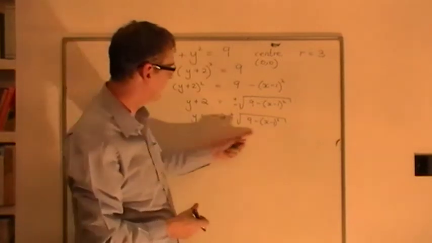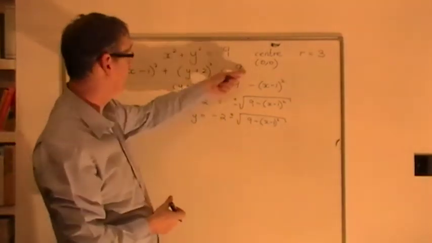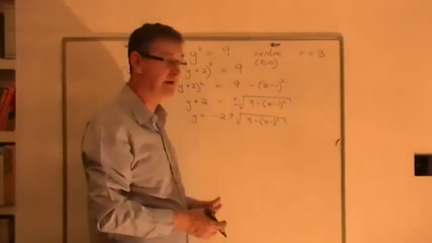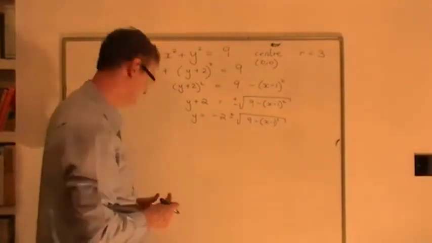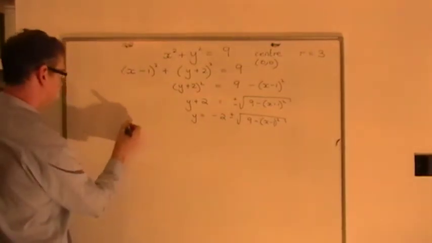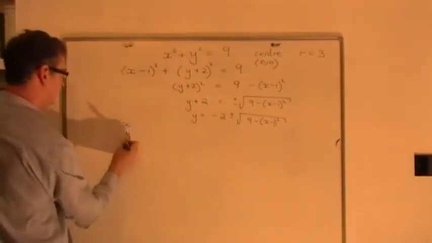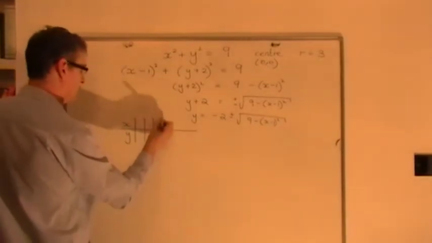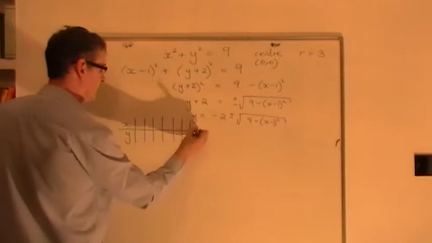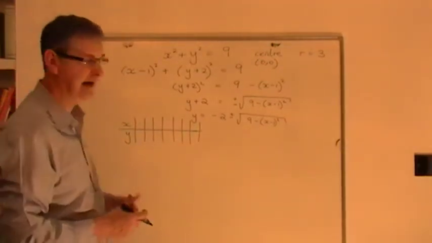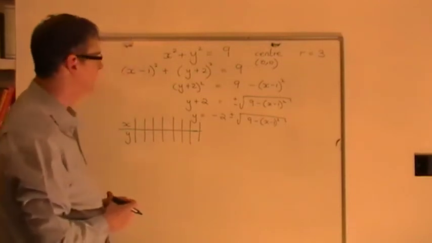So there we now have the equation of this particular circle in the format which means we can now use a table of values. So, table of values, here we go, x and y values. Okay, we'll work out 7 values. I might add 1 or 2 more afterwards.